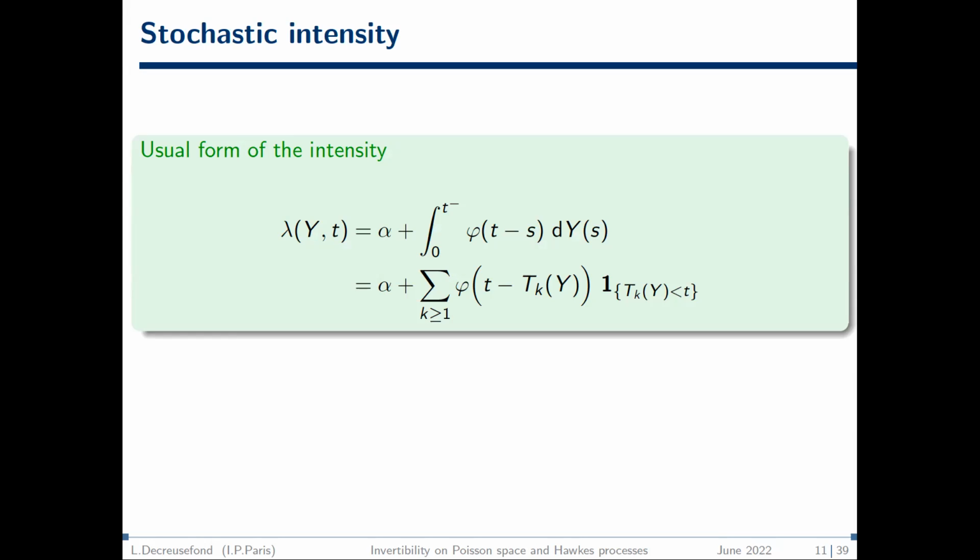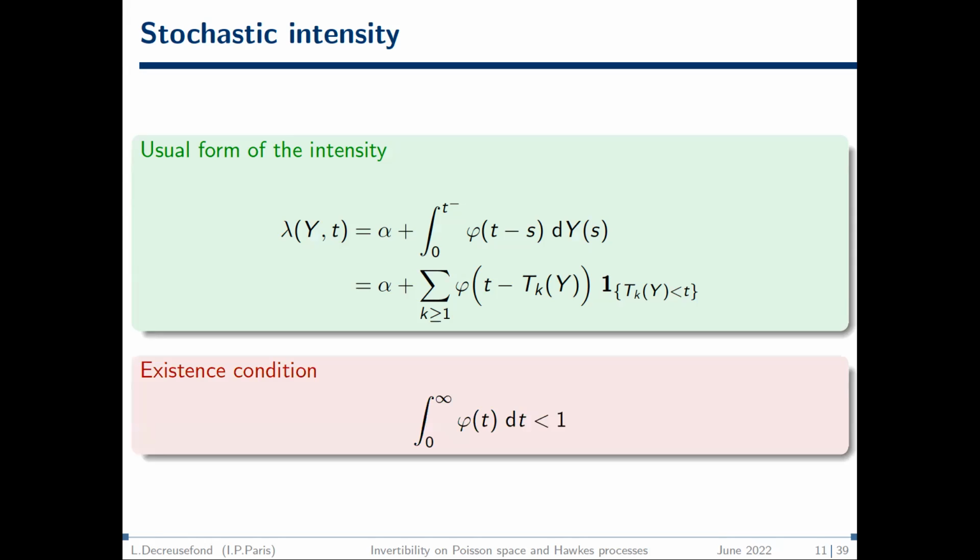So if you develop everything, that means that you have a sum over k of phi of t minus tk of y for all the jumps of y which are before time t. Okay, but you can imagine some other form of intensity. It's not restricted to that.